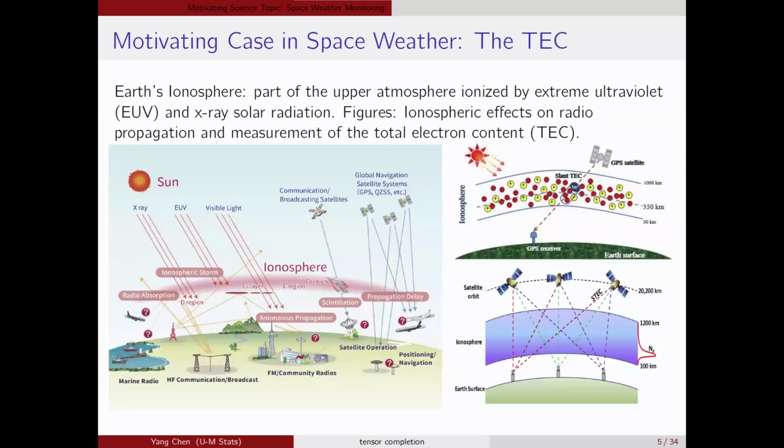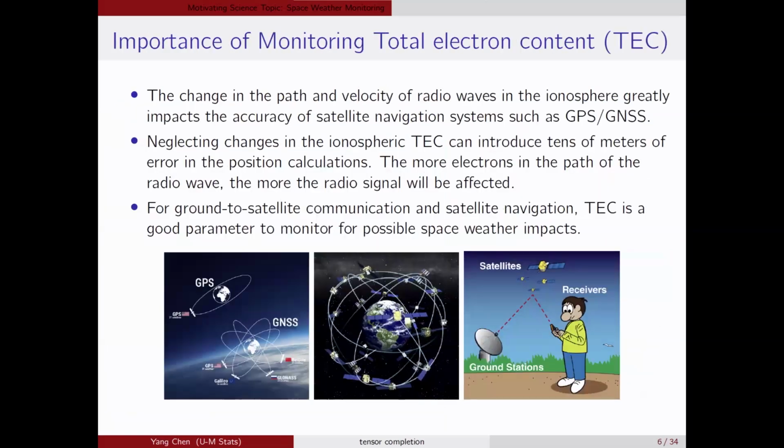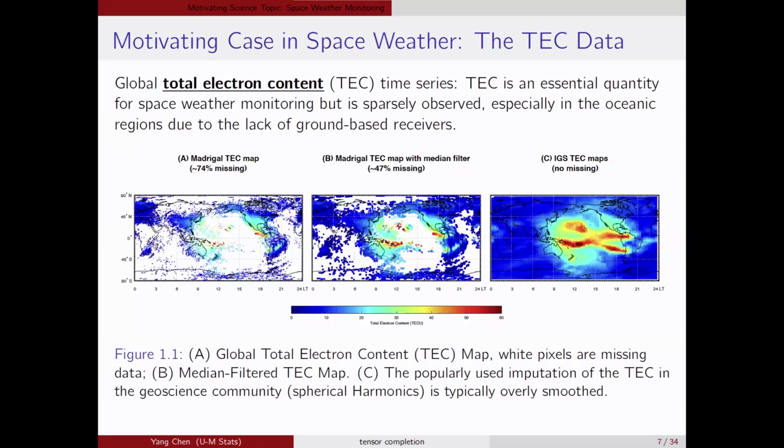So the keyword is ground. When you have a ground receiver, you can draw that line and calculate the vertical projection to get the total electron content. But the Earth is covered less than half by ground. So we have a lot of missing data in these raw observed total electron content maps. And also, it's not evenly distributed.